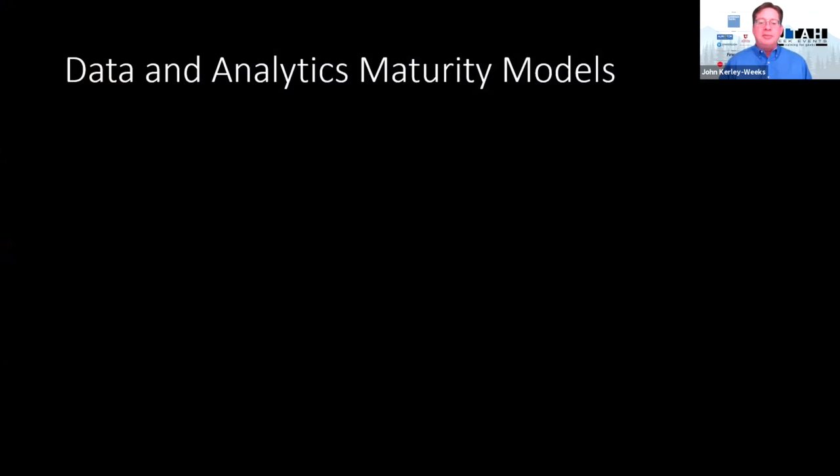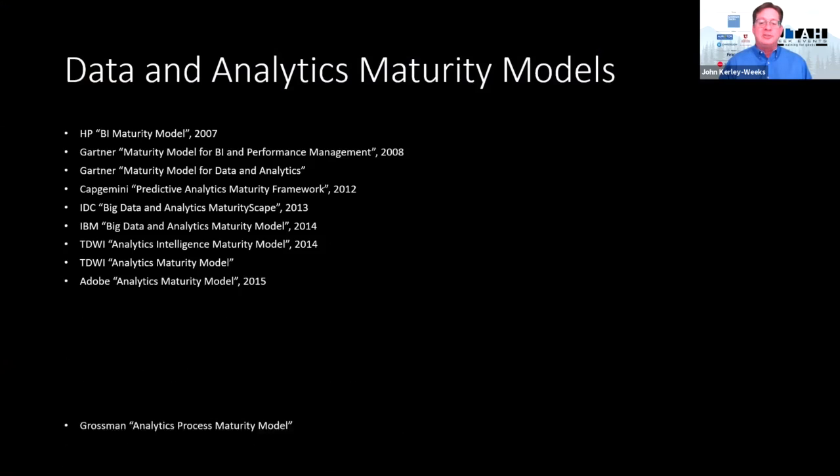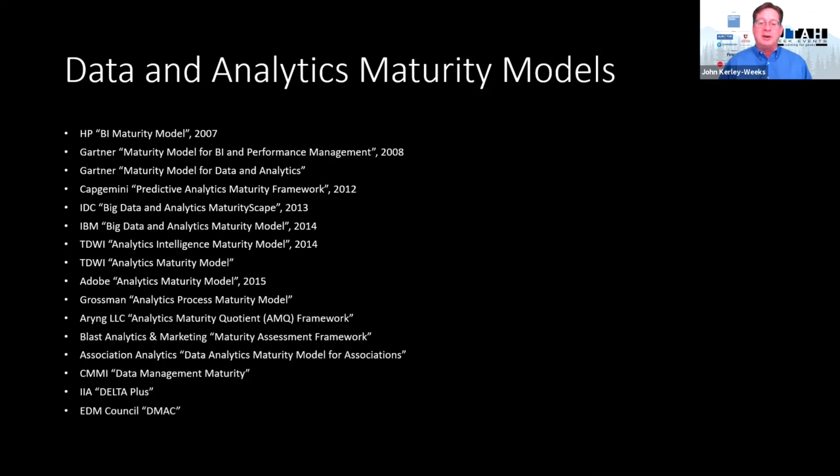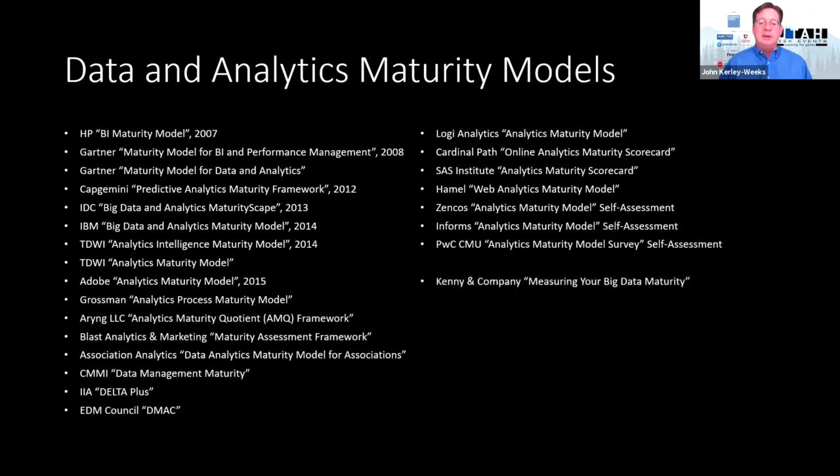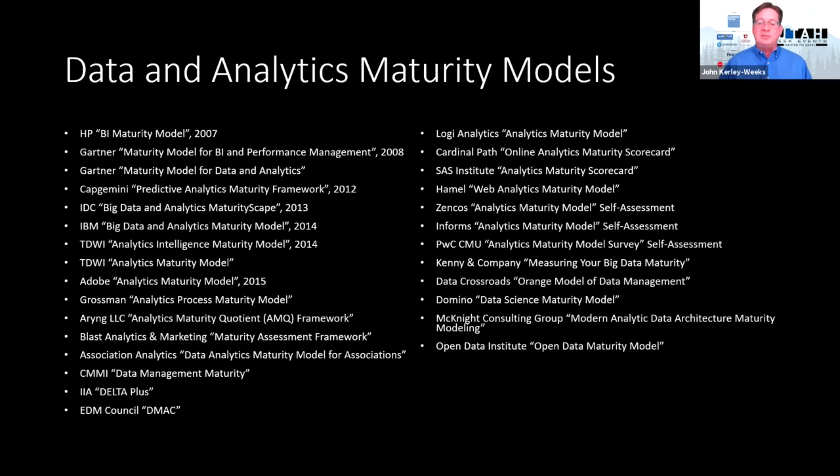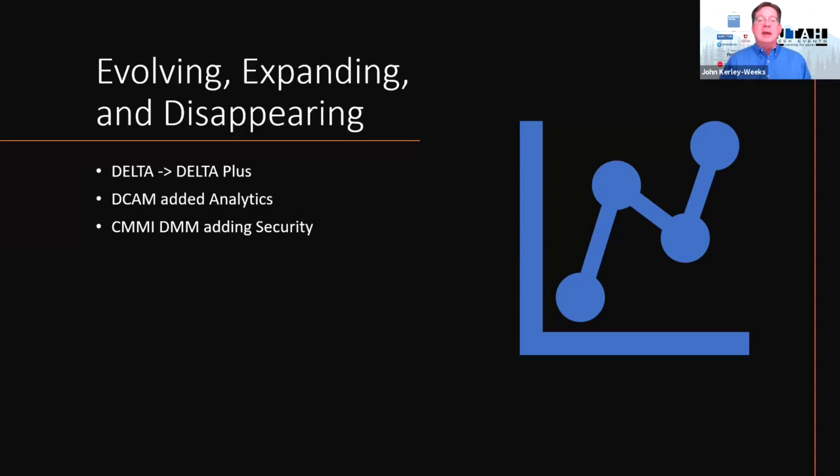So looking at the actual specific data maturity models, there are lots of maturity models that are available. They just seem to be coming out time and time again. And in addition to the new models coming out, there are a lot of models that are being expanded or evolving or just plain disappearing off of the market.